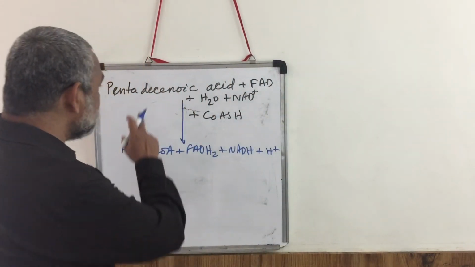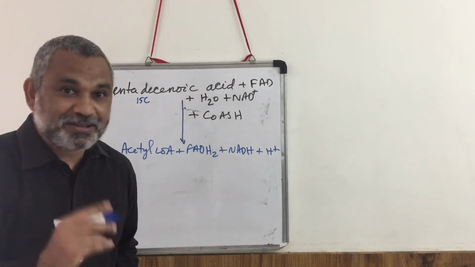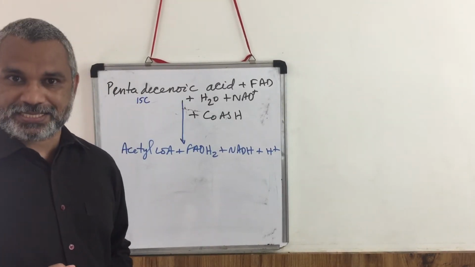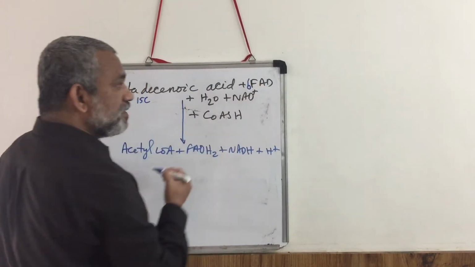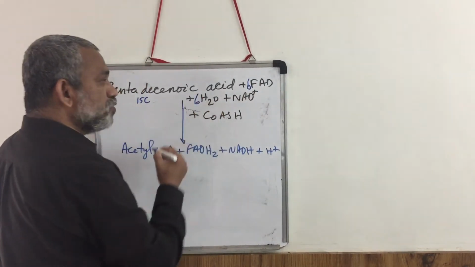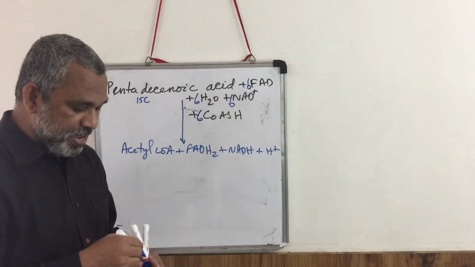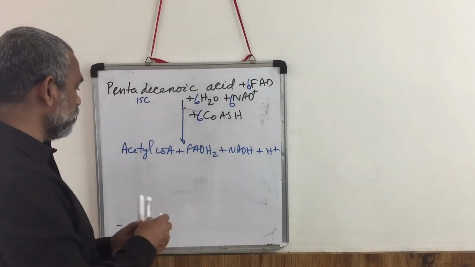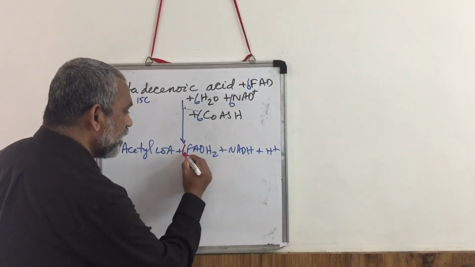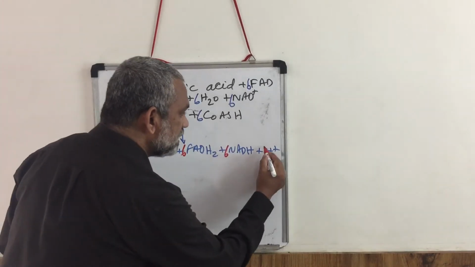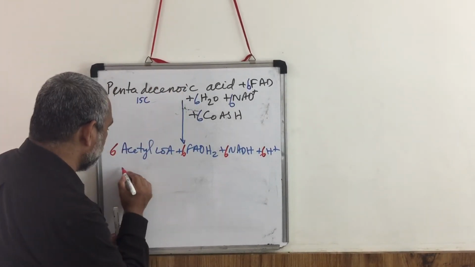Since it has got 15 carbon atoms, we need about 6 cycles. So in 6 cycles, we need 6 FAD, 6 molecules of water, 6 NAD plus, 6 coenzyme A. That will result in 6 acetyl-CoA, 6 FADH2, 6 NADH, 6 H plus, and 1 propionyl-CoA.